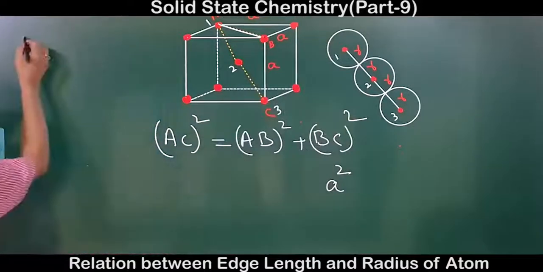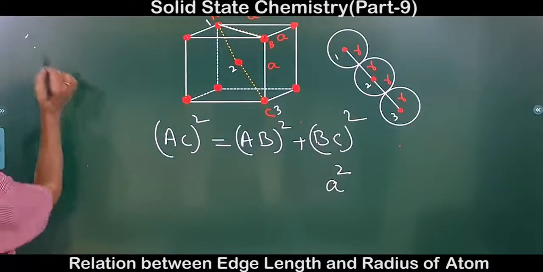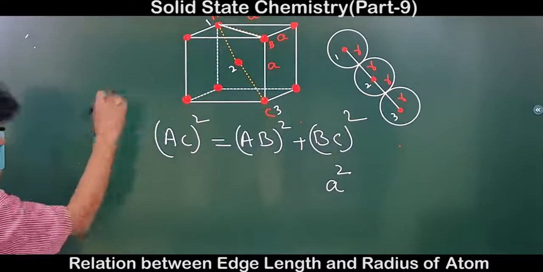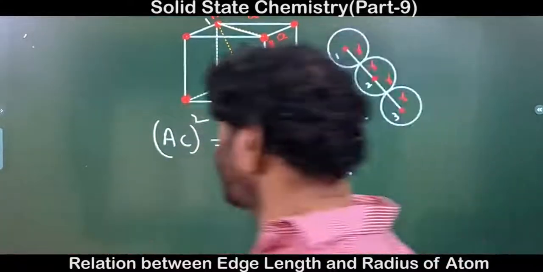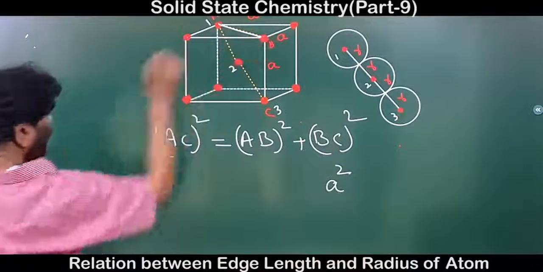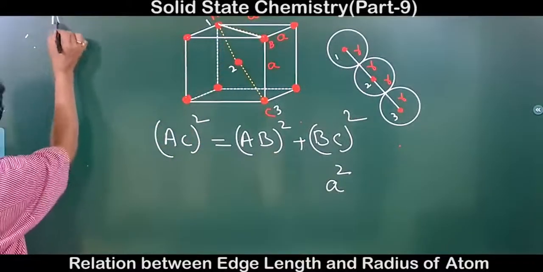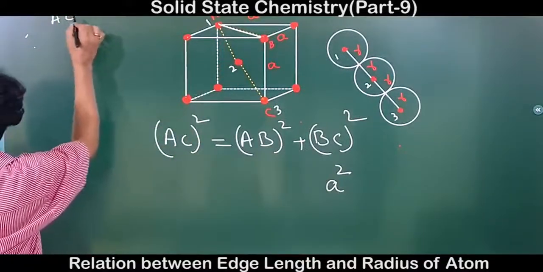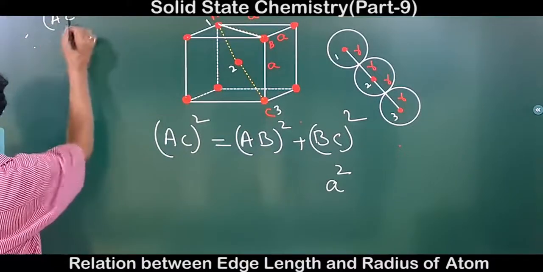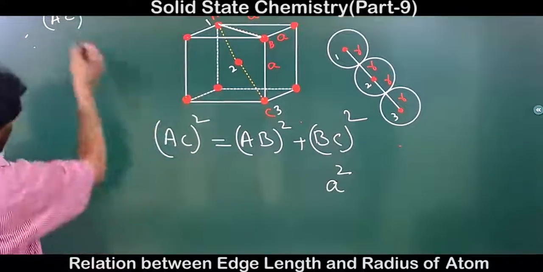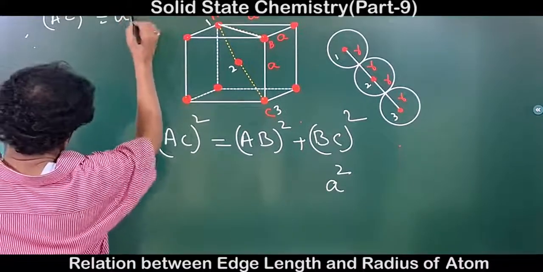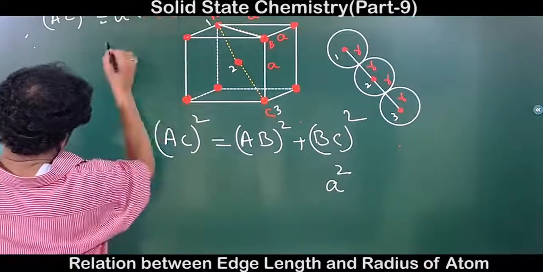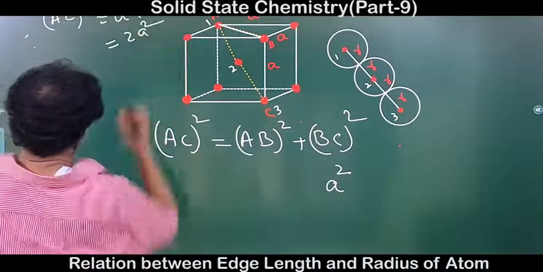As in the previous face centered case, the face diagonal square is A square plus A square, that is 2A square.